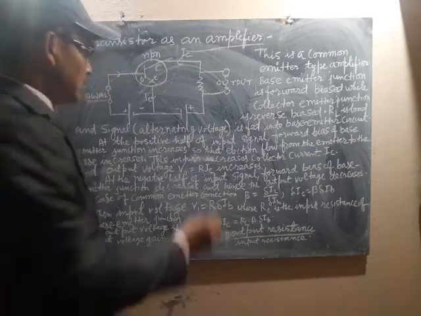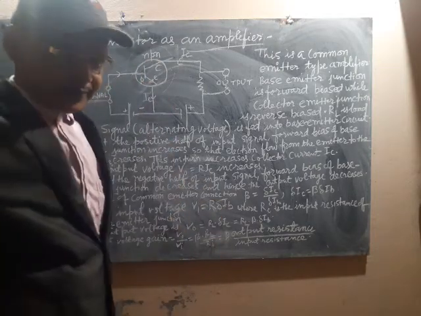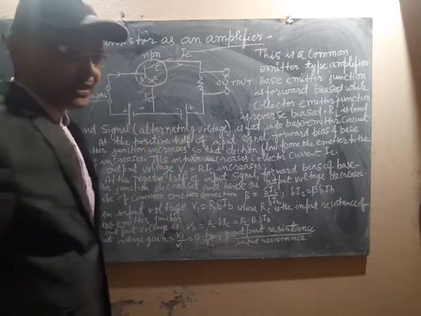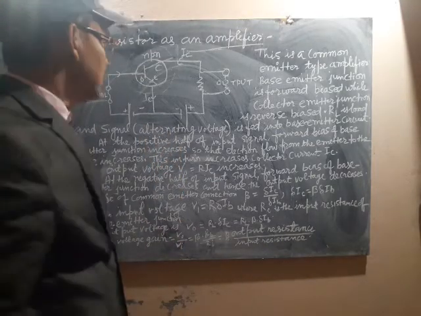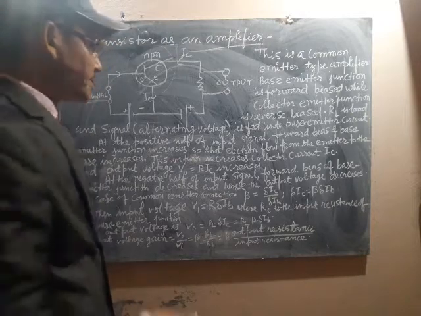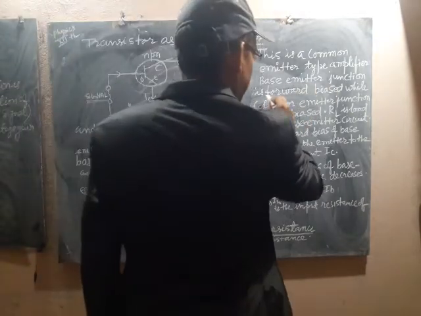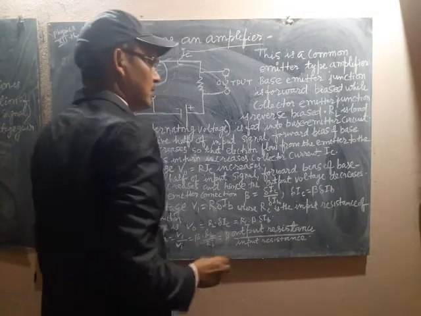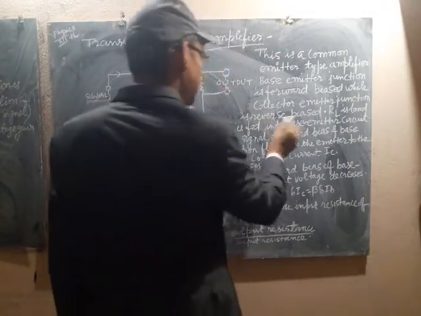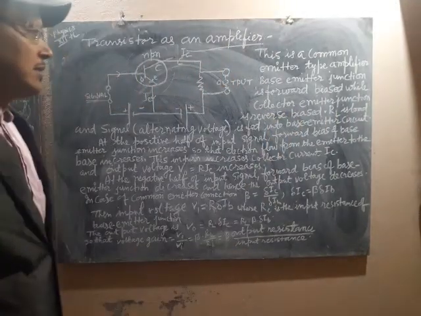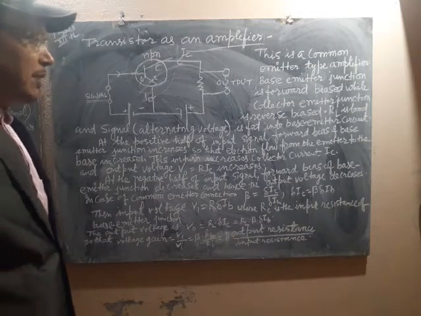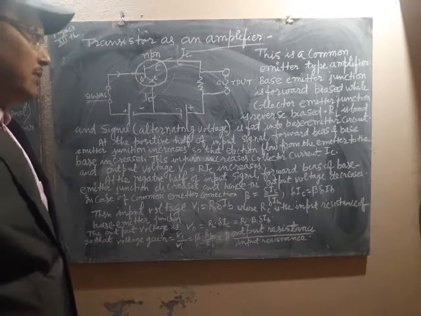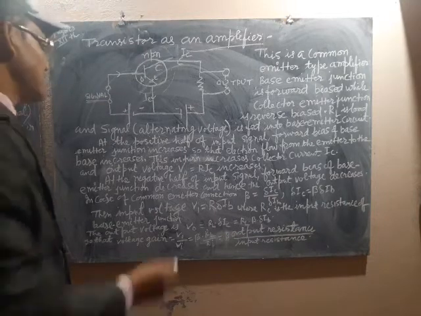If you look at a transistor, there will be three pins. The base emitter junction is forward bias, while the collector emitter junction is reverse bias.